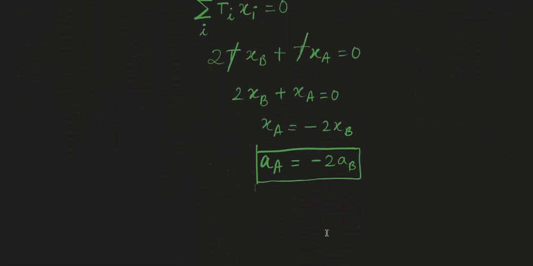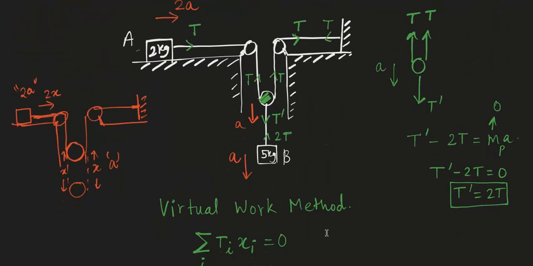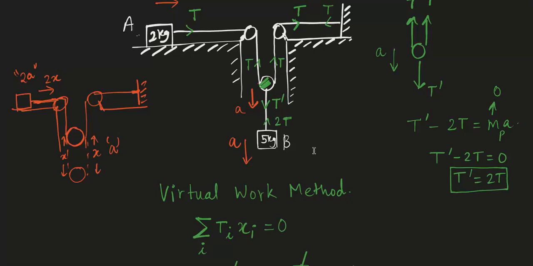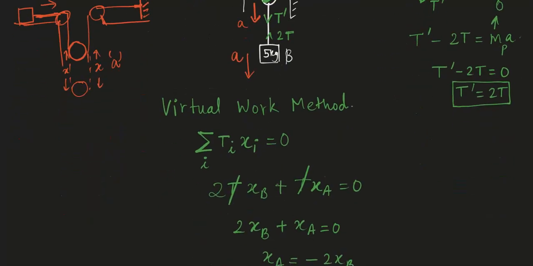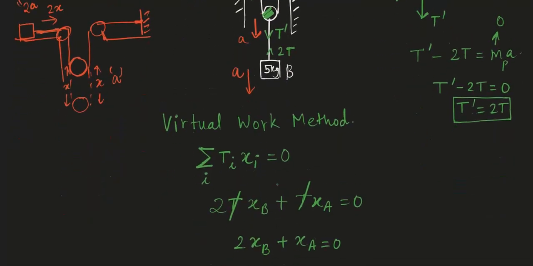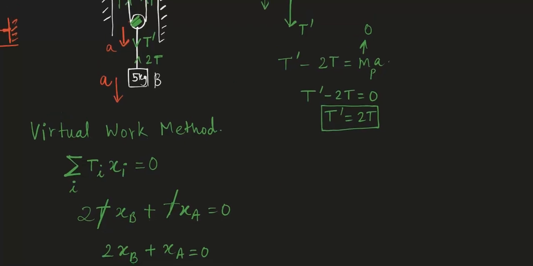Now let's find out the accelerations. We got that if the acceleration of A is 2A, the acceleration of B is A. So just do the free body diagram. For B, the free body diagram will look like this. Let me use red color now. So this is B, mg force downward, mbg basically, and 2T force upward.